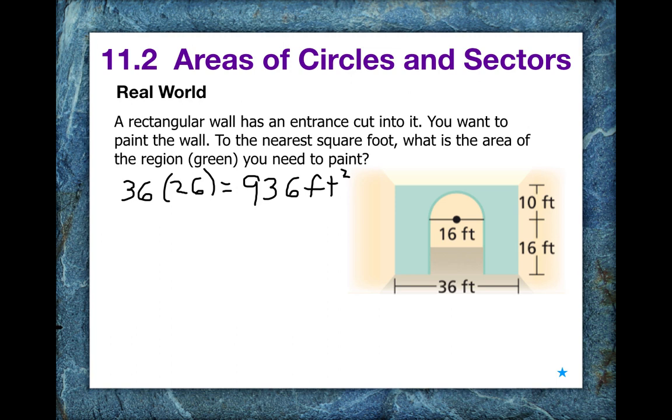So the area of that semicircle is going to be pi times 8 squared, and then times 180 degrees over 360 degrees, which is 1/2, since that's a semicircle. And I will let you come up with the computation. You subtract that also from the total area. The semicircle is subtracted, this rectangle is subtracted, and then you get the area that you need to paint.